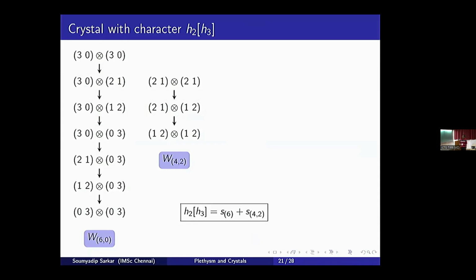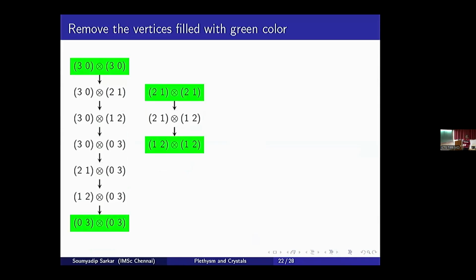And then what is the crystal graph for E_2 plethysm H_3? You look at all the vertices, and two components are exactly the same: (3,0) tensor (3,0), (2,1) tensor (2,1), (1,2) tensor (1,2), (0,3) tensor (0,3). So remove all these vertices.